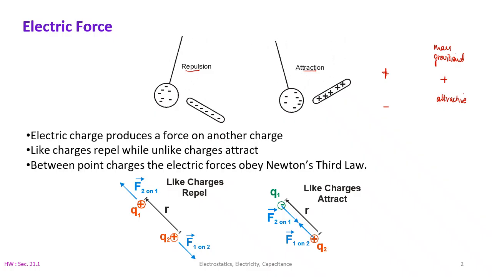Now, the force between a pair of charged particles is along the line that joins them. Although these look like complicated diagrams down the bottom, they are in fact just the combination of two free body diagrams. Let's have a look at the free body diagram just for Q1 from the left-hand diagram.